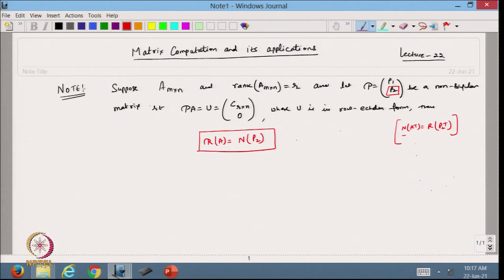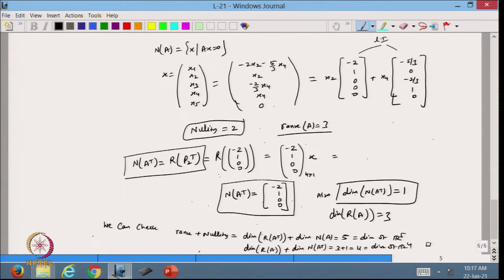This we discussed in the previous lecture. Now I want to discuss this one, as we did in the previous example.